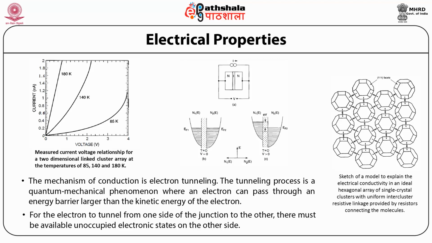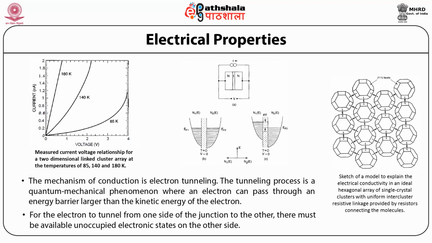The number of electrons that can be moved across the junction from left to right in an energy interval dE is proportional to the number of occupied states on the left and the number of unoccupied states on the right, which is given by N1(E minus eV) f(E minus eV) N2(E) [1 minus f(E)], where N1 is the density of states in metal 1, N2 is the density of states in metal 2, and f(E) is the Fermi-Dirac distribution of states over energy, which is plotted in the figure.